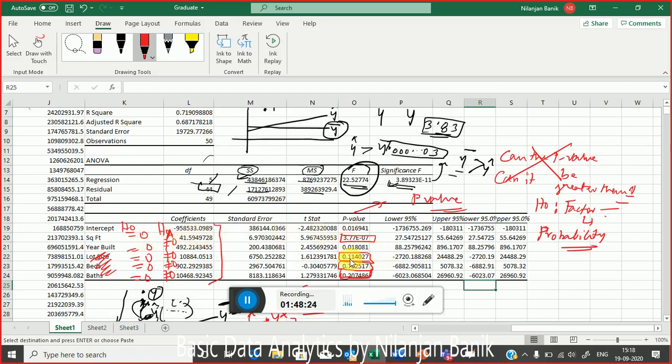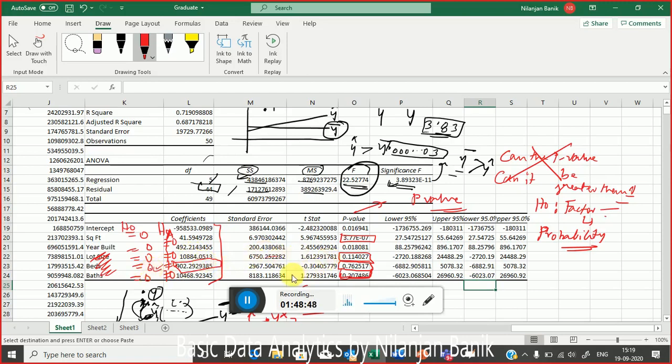If the p value is 0.11, like what we have seen in the case of lot size, it is saying out of 100 times, 100 less 11 is how much? 89. 89 times it will take value 902, and the remaining 11 times it will take value 0.